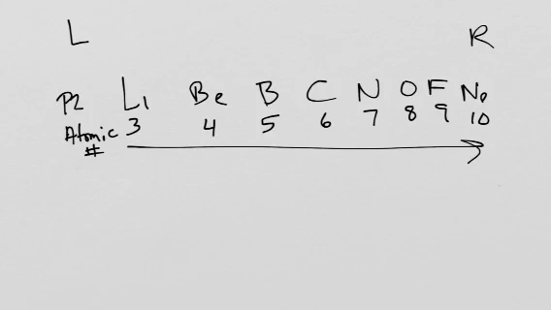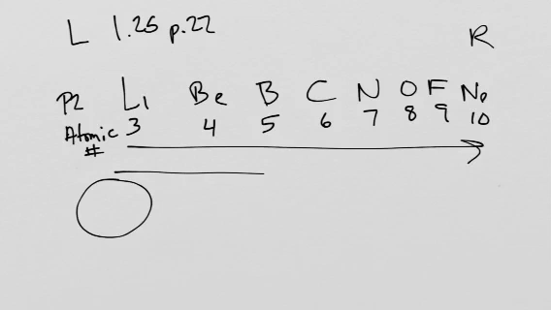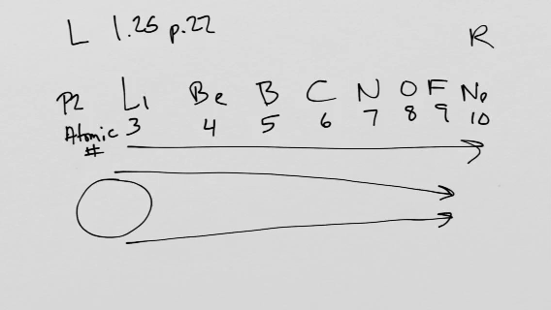If you look at image 1.25 on page 22 of your text, you will see that the element for lithium is this big. Boron is slightly smaller, so it gets smaller and smaller, even though we get more and more particles, until we get to neon at the end.